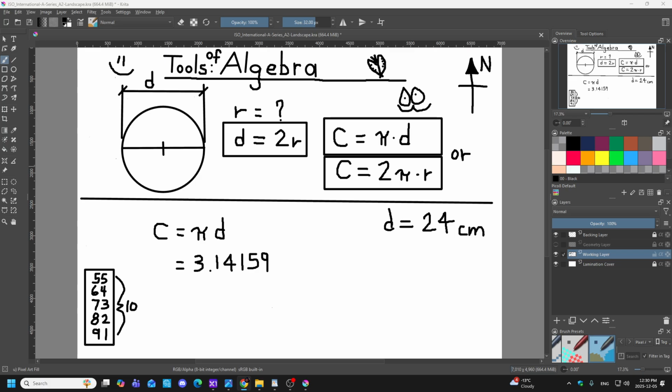Okay, we don't need to be that accurate. Again, they only want us to determine our answer to the nearest tenth. We're solving for the circumference. That's what C is.